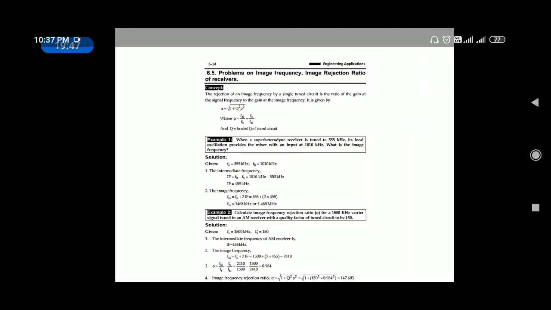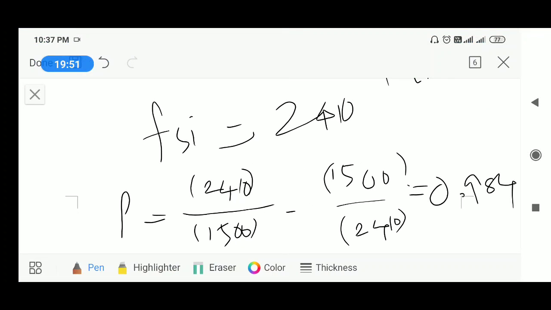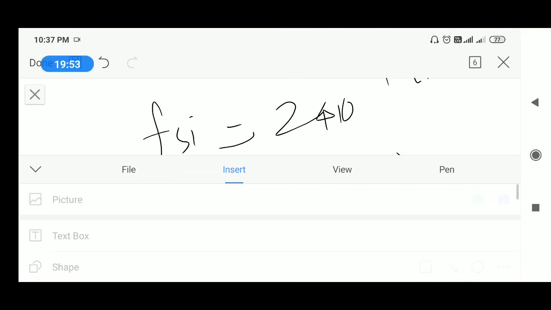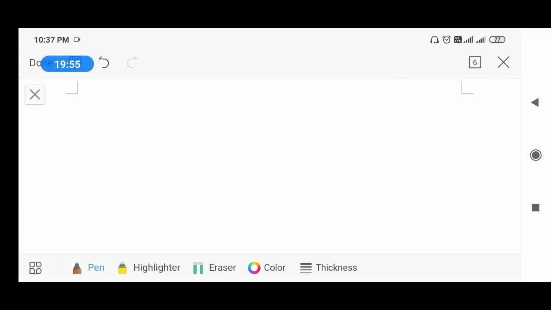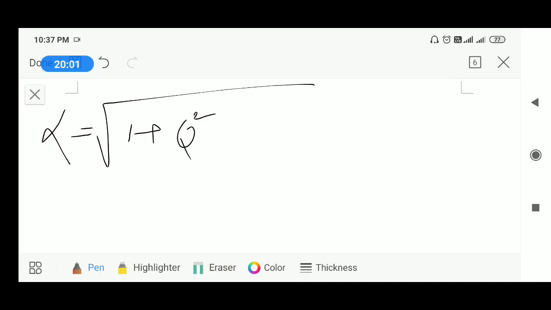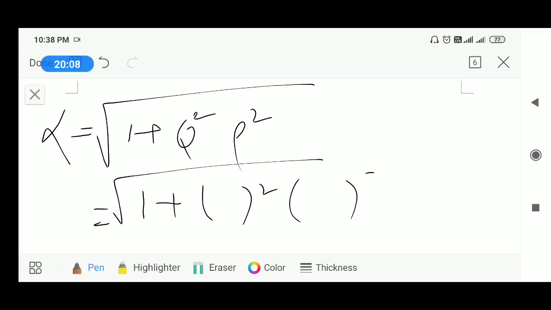Then you can calculate the image frequency rejection ratio by substituting these in the formula of alpha, that is the image frequency rejection ratio. Alpha is equal to the square root of 1 plus q square rho square. Q is equal to 150, rho is 0.984.